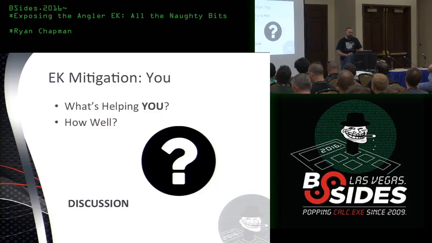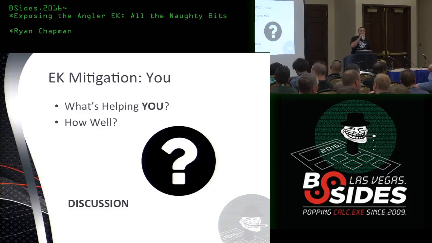All right, but what about you? Who here deals with exploit kits on a daily basis, or every once in a while? Who works on the blue team here? What tools do you use that help you mitigate them? OpenDNS, cool.